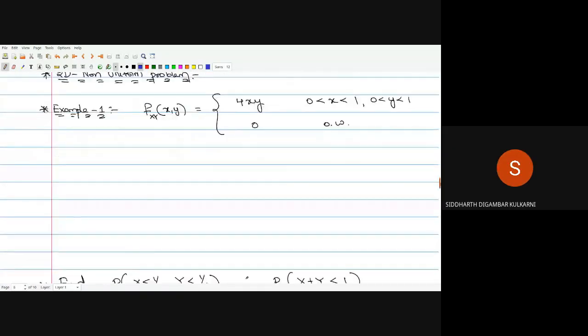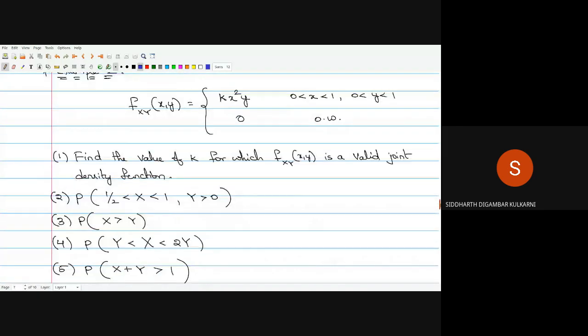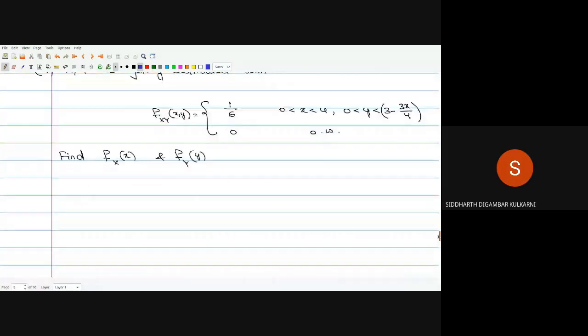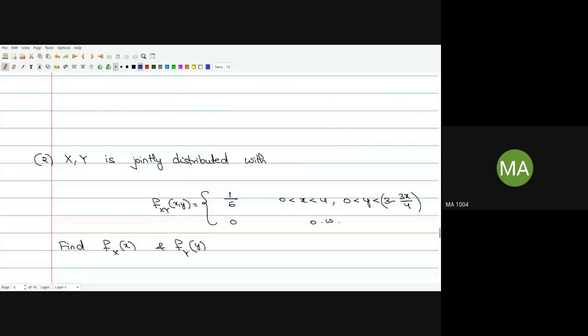If the product of the marginal densities is equal to the joint density, then it's independent. See here, in this example, y is in between 0 and 3 minus 3x by 4. Here y is dependent on x. So depending upon the x value, my y limits will be varying.